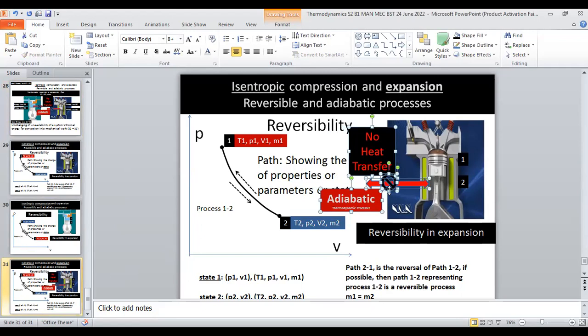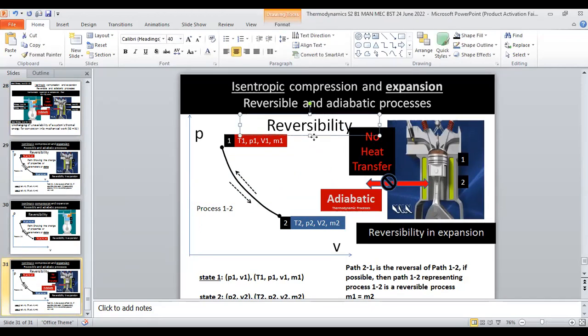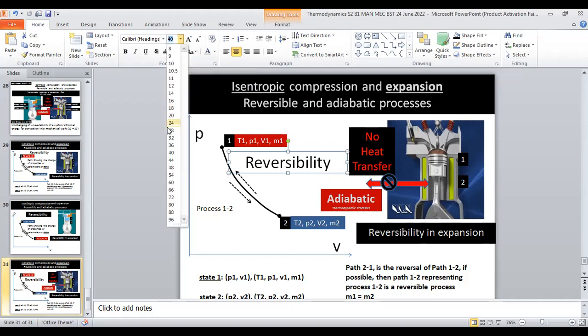No heat transfer. So no heat transfer is adiabatic. So reversibility and adiabatic, both combined, we call reversible adiabatic.